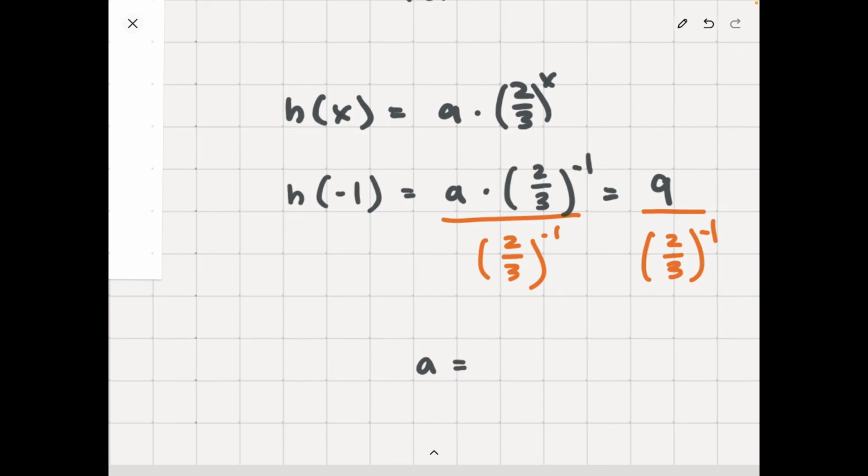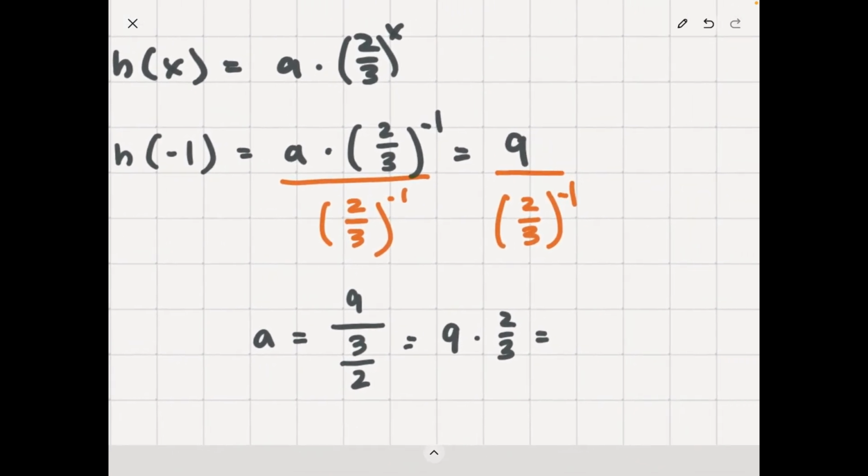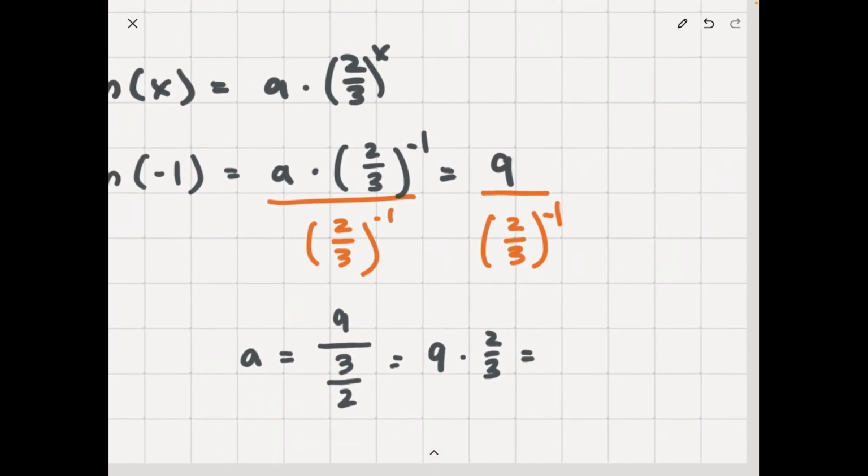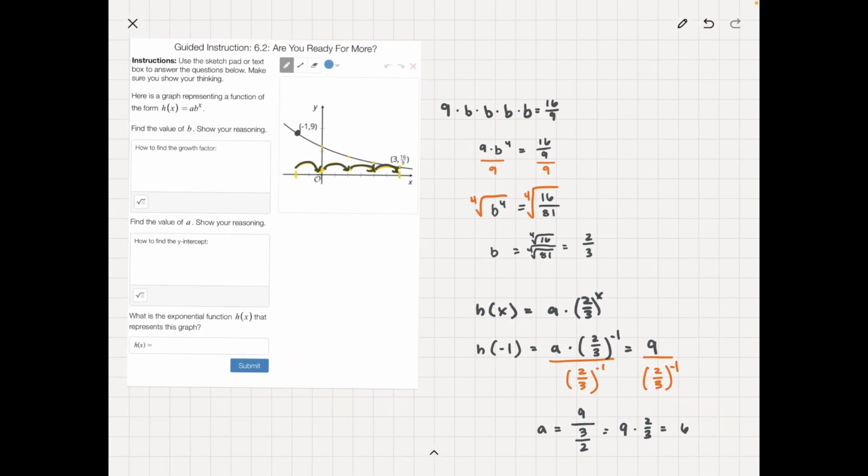I end up with a is equal to 9 divided by, what's the inverse of 2/3? That's 3/2. And then I can use keep, change, flip because I'm doing 9 divided by 3/2, which is really 9 times 2/3. That simplifies really nicely. Almost done. So 9 times 2 is 18, divided by 3 is 6. So a is equal to 6, just by doing some division there.